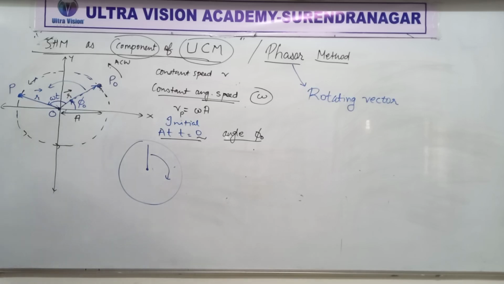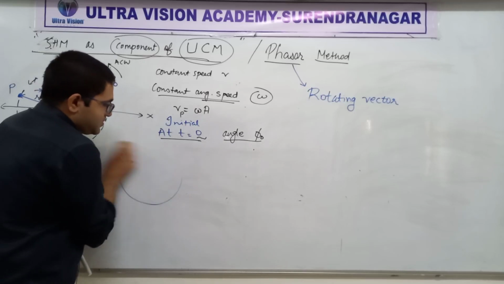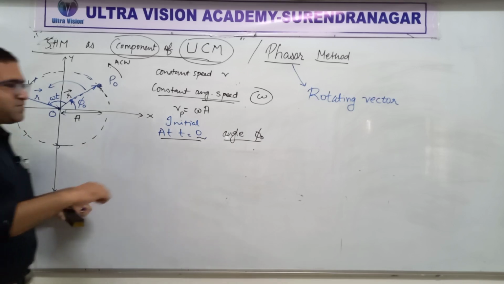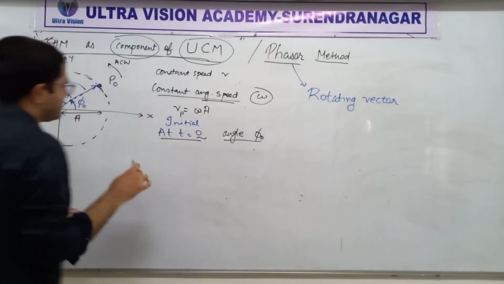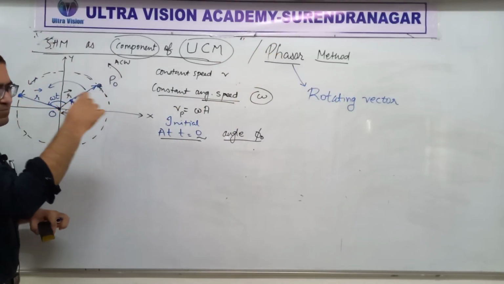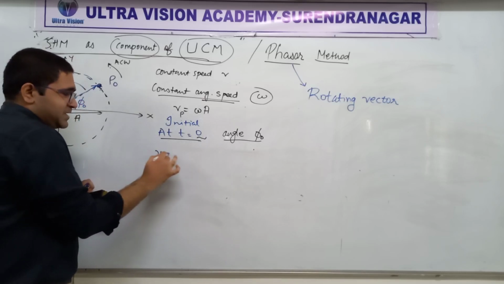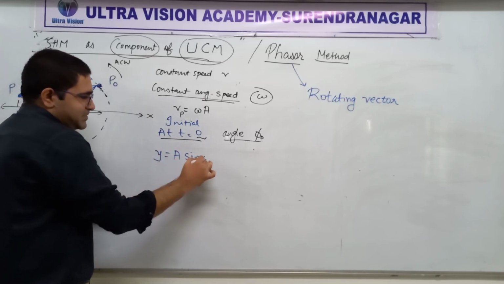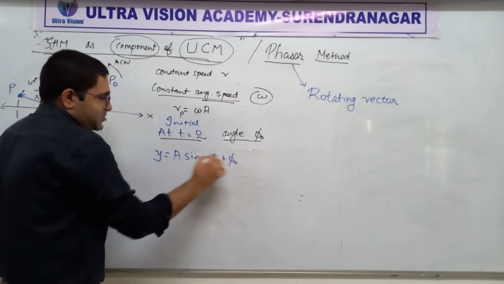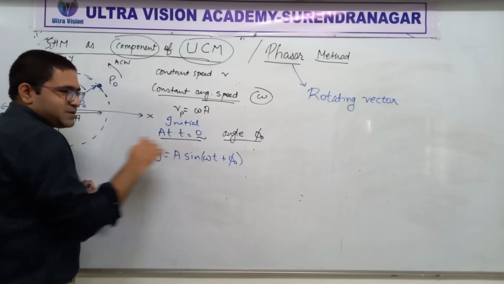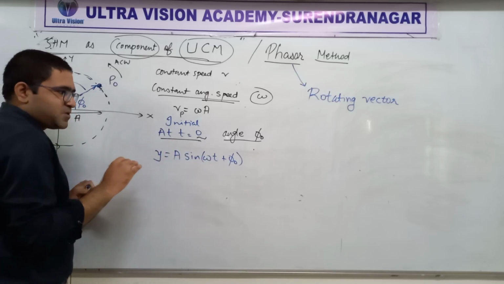Now, what does a phasor tell you about? First of all, phasor is where the name of this angle comes from. Whenever you write an equation, for example here we got y equal to a sin(omega t plus phi 0).